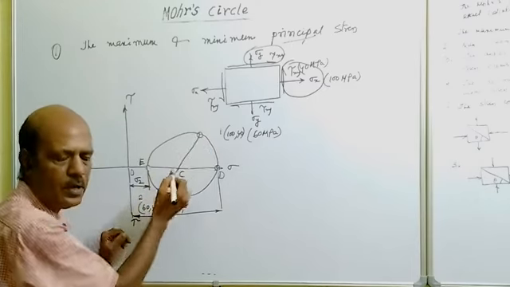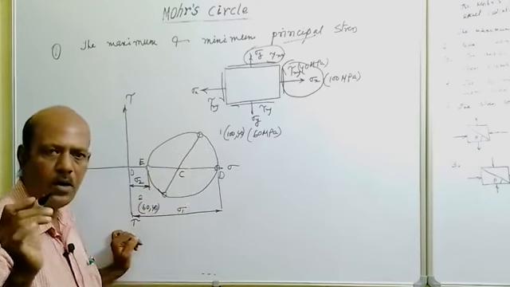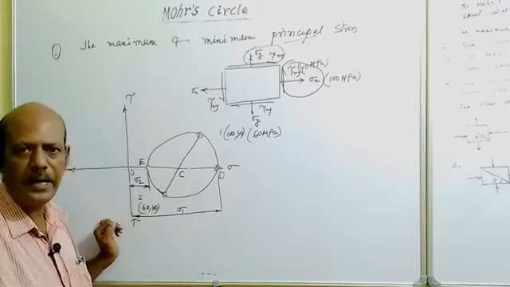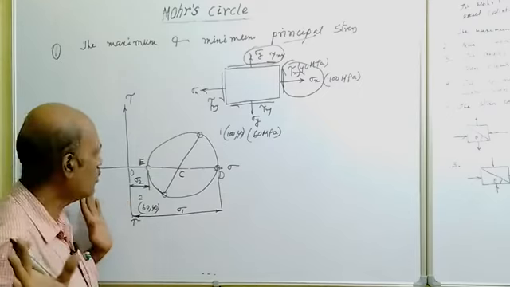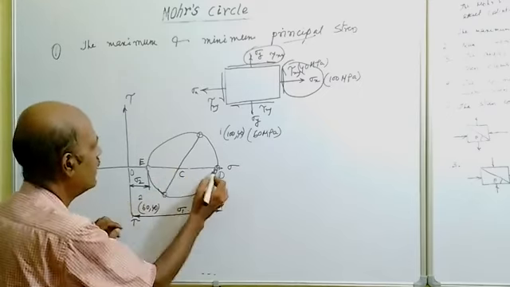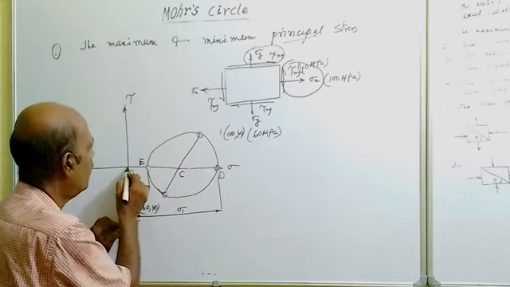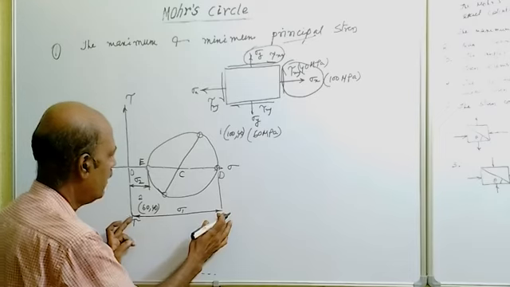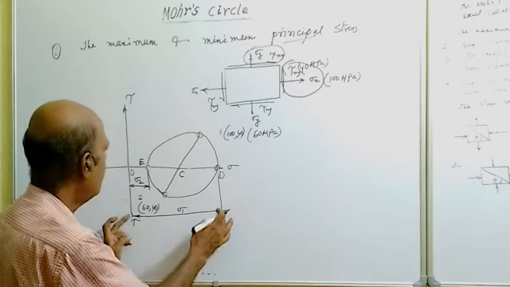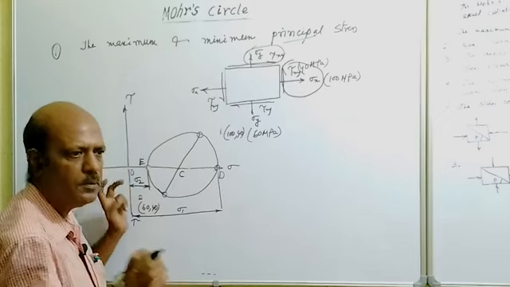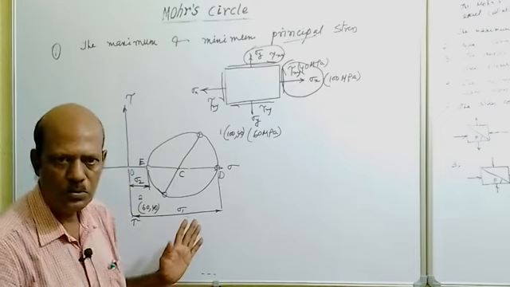It will intersect somewhere on the sigma axis. So that will be the center of the Mohr circle. That means find out the center of the Mohr circle. Then measure the distance from D to O. That distance will be your sigma 1, and measure the distance from O to E. That will be your sigma 2.